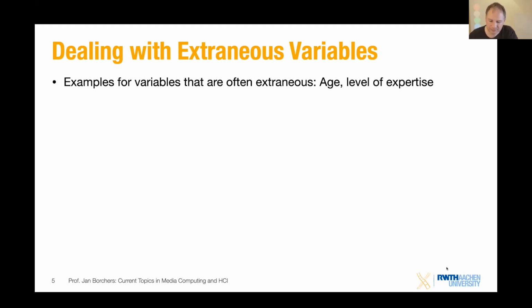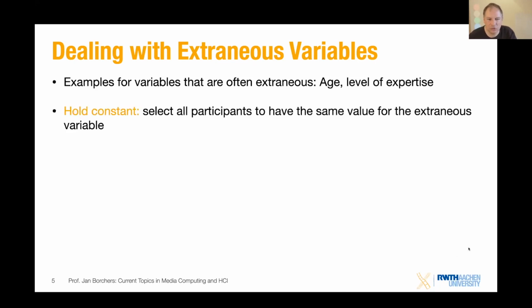I'm really interested in whether my pie menu or linear menu, to pick our standard example, which one is faster. That's what I want to find out. But maybe age has an effect, I don't know. So I can just hold age constant. I pick all the participants to have the same age, and then I know that age differences can't have an influence on my performance because there are no age differences.